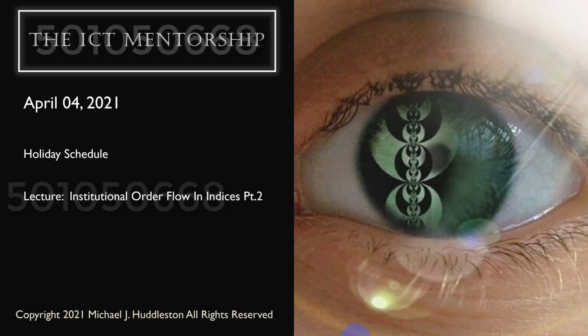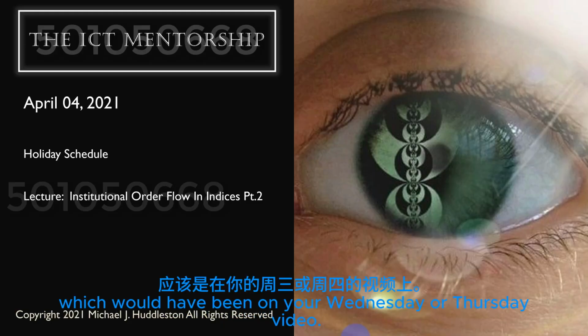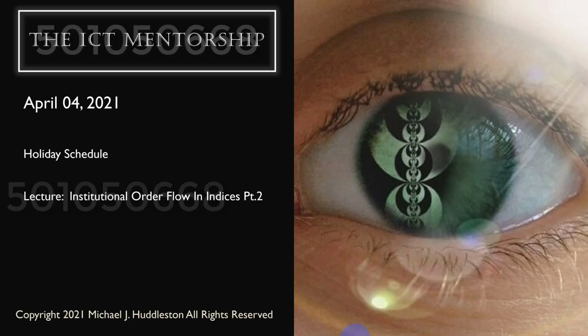Nonetheless, I want to pick up with the lesson that I gave you, which would have been on your Wednesday or Thursday video. At the time of the recording, I don't know exactly what day I'm going to give you that first lesson, so it's already in your hands by now. We're on holiday schedule, so we're going to continue with part 2 with institutional order flow in indices.